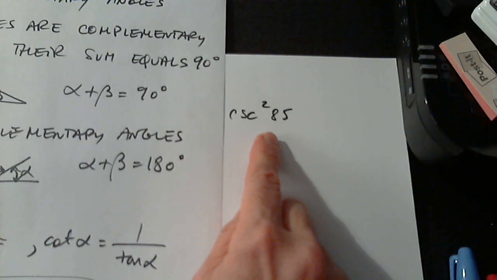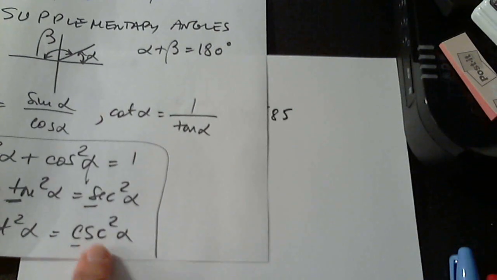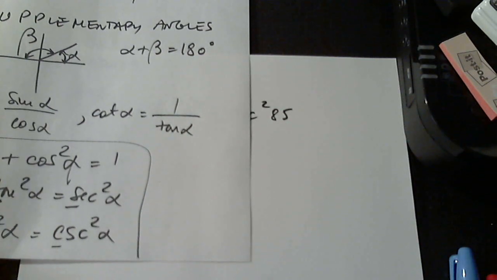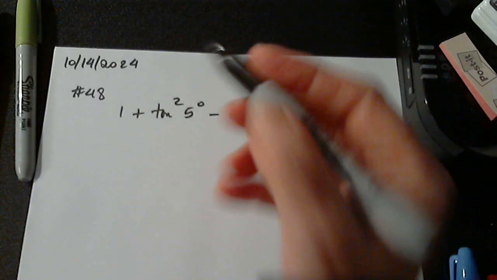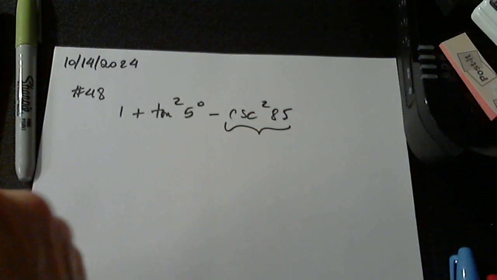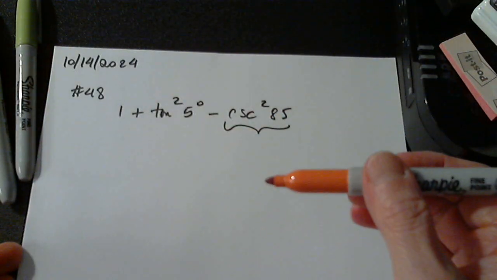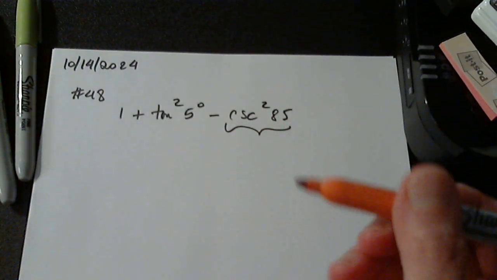Okay, let's consider another option. I have a cosecant squared. Oh, look at this. I have something that says cosecant squared of alpha is 1 plus cotangent squared alpha. I'm going to go with that. So I'm just going to replace this. Let me use a different color. If one of these colors you cannot see, please let me know, because for me it's easier, but you're looking through a camera, right?